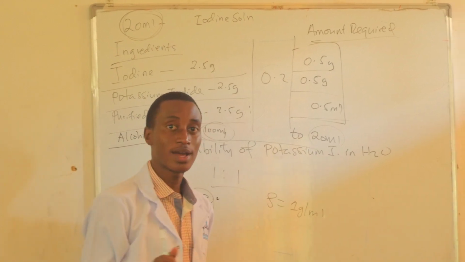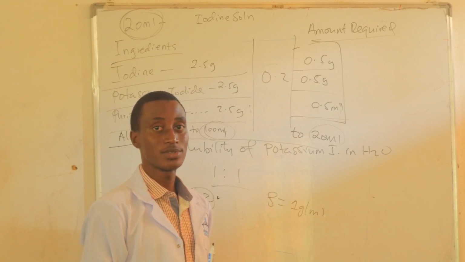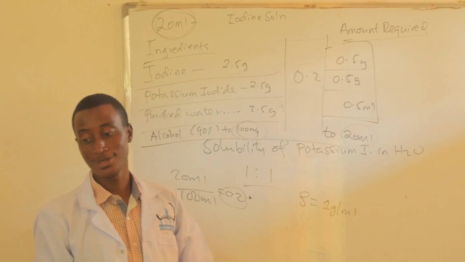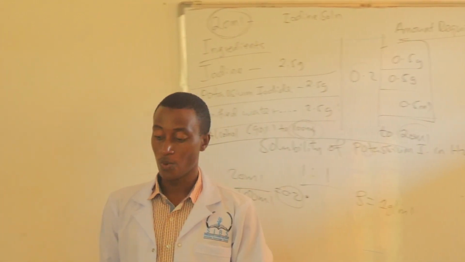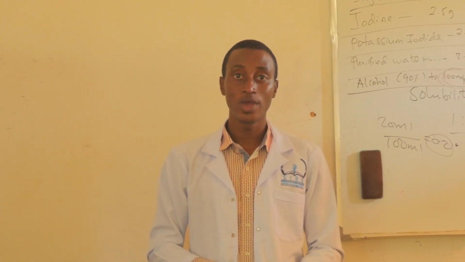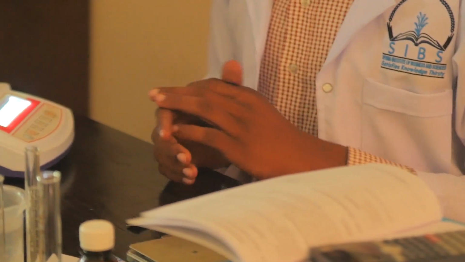You will add alcohol up to 20 ml and not 20 ml of alcohol. So after getting the required amounts, now we can weigh and measure the ingredients. After performing your calculation, the next step is to weigh and measure whatever ingredients are required.